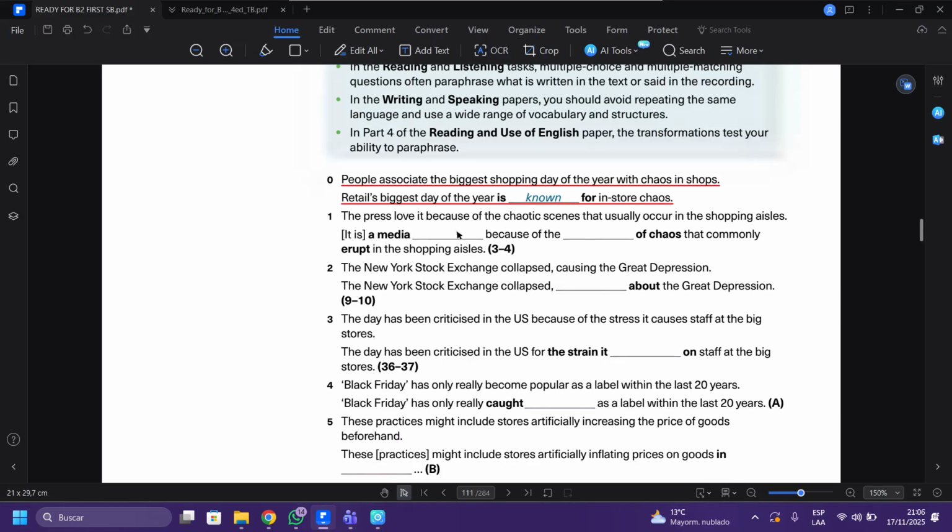So tell me, what word do you think it is? It is a media because of chaos that commonly erupts in the shopping aisles. What word is missing here?